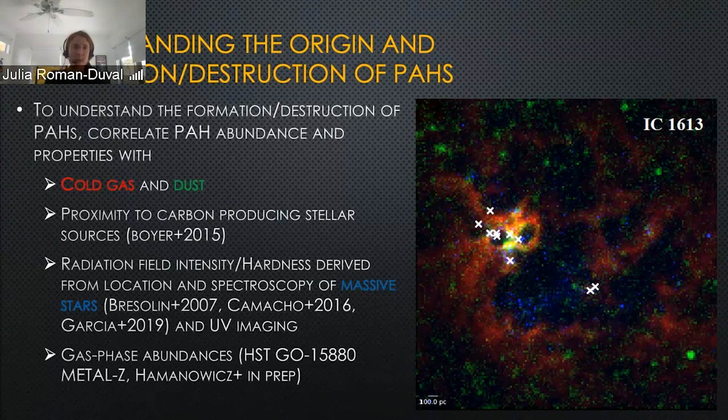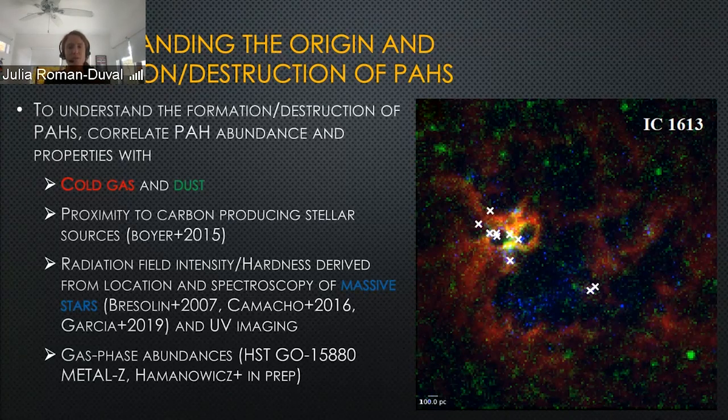And then finally, we have another Hubble program in those galaxies that has been taking spectroscopy with the Cosmic Origins Spectrograph. And from that, we know the abundances of heavy elements in the gas. So, for example, silicon, iron, and sulfur, etc. And so we can understand something about the chemical evolution of those galaxies.